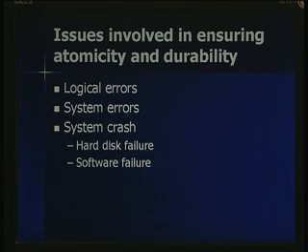Now, all these errors are possible. When the system goes into any of these errors, you want to understand how exactly the atomicity and durability properties can be maintained. A simple example to illustrate this point is a file which all of us open on a Windows machine or any of our Unix machines. When you open a file in an editor and try to edit it, there is no guarantee of what happens when the power fails, because the file could be in a very corrupted state.